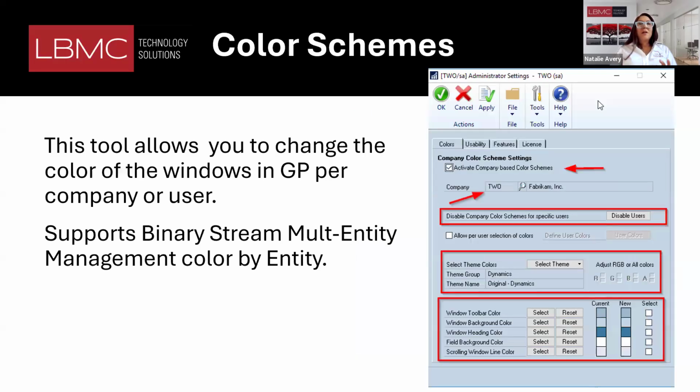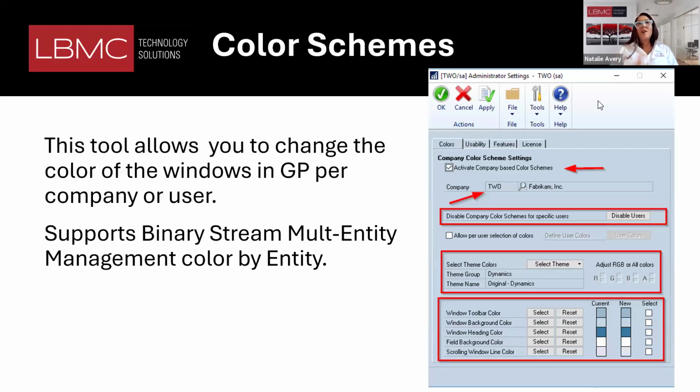Now, this one is the big hit often. And I will tell you that this tool used to come with GP. It was an extra download. You could install it and there was no extra charge for it. And we had so many clients that use this feature. It lets you change the color of the screens and the windows in GP based on the company that you're in.